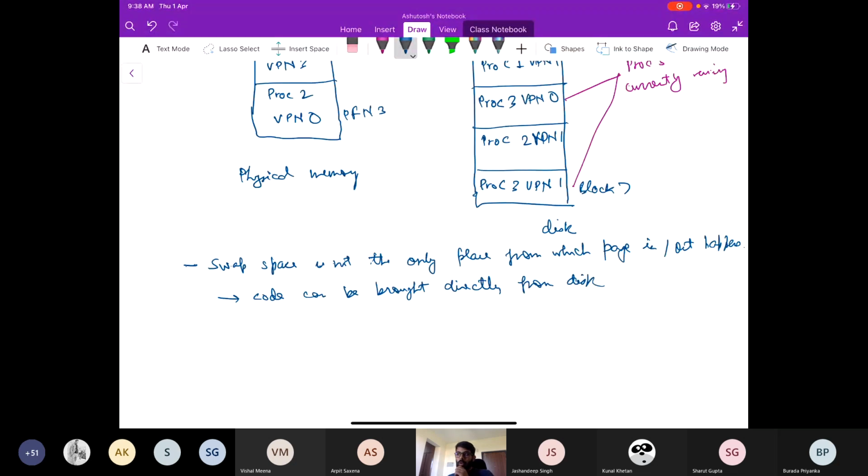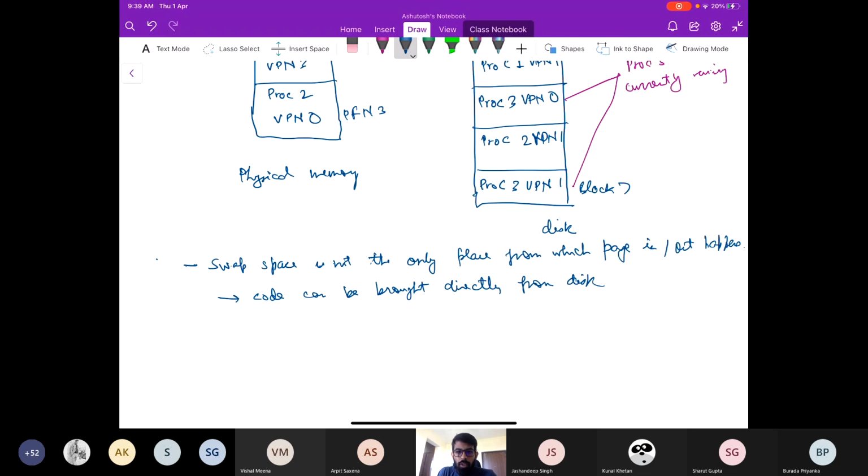So in case of code, what can happen is that suppose you brought in the page belonging to the code, and then now you don't need it, you need to free up memory, so you just remove it. And next time you need it, you don't go to the swap space, you go to the original location from which you got the code the first time, and then you bring back the page which has the code again.